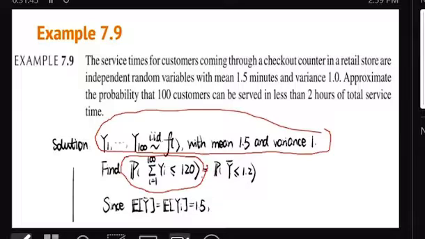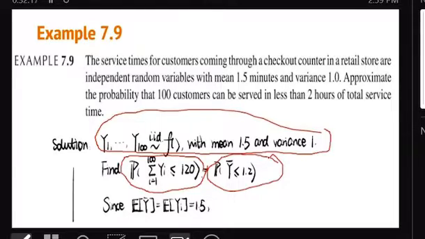Do you know I can move from the summation of Y to the mean? When I divide the summation of Y by the sample size, that will give me the average. What was the sample size here? It is 100. If I divide both sides by 100, I'm going to get Y bar less or equal to 1.2. Any question on that? You are good, right? Okay.